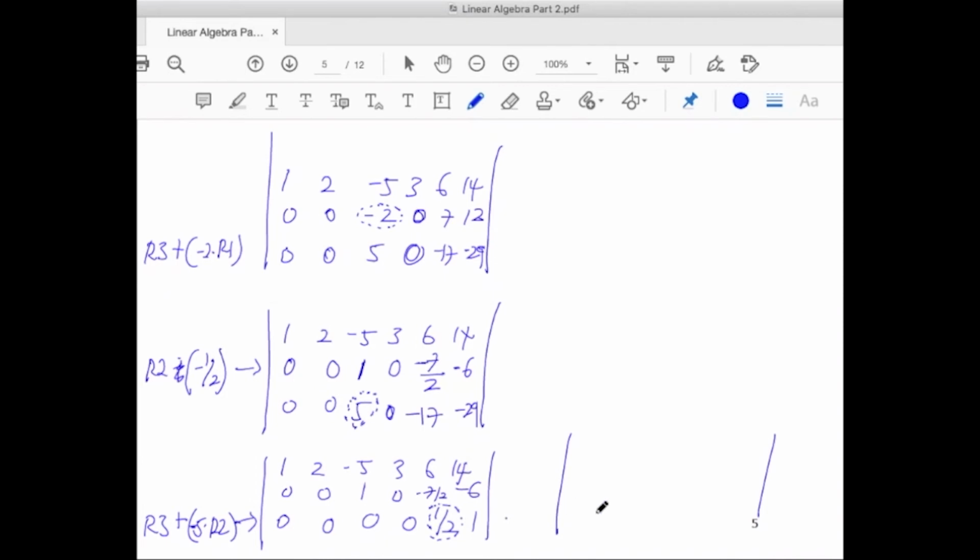So to do that, we take row 3, we multiply with 2. So that will change it into 1 to become like this. Okay, so next, maybe we can simplify that one, negative 7 over 2.